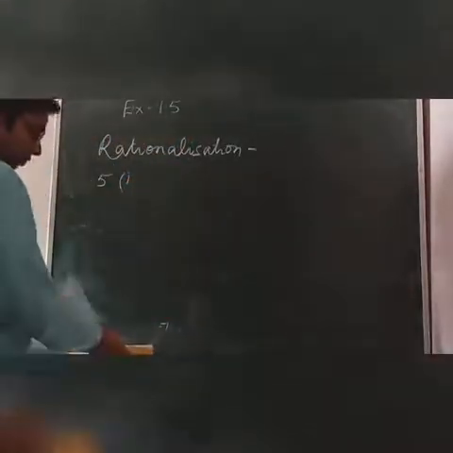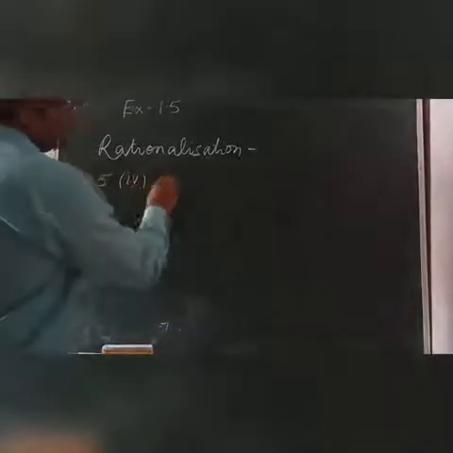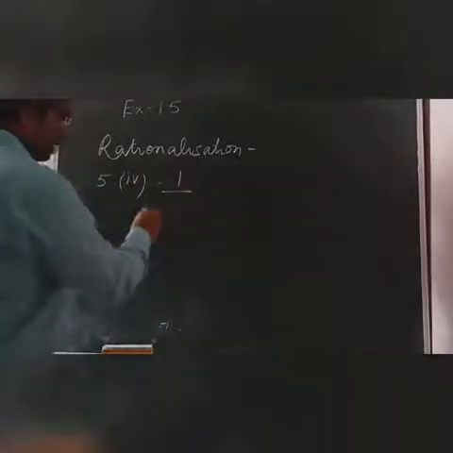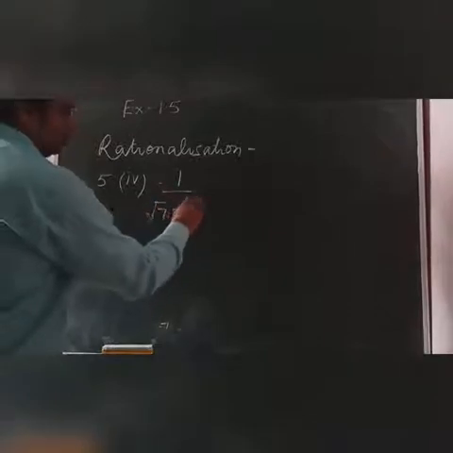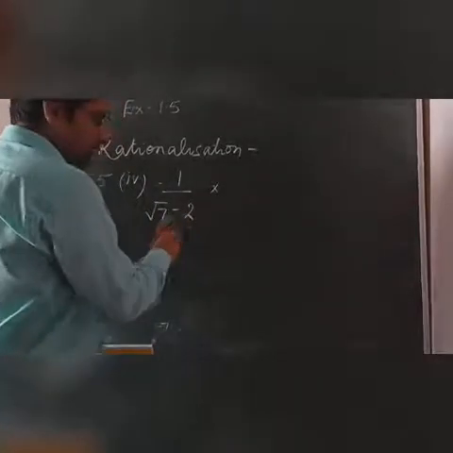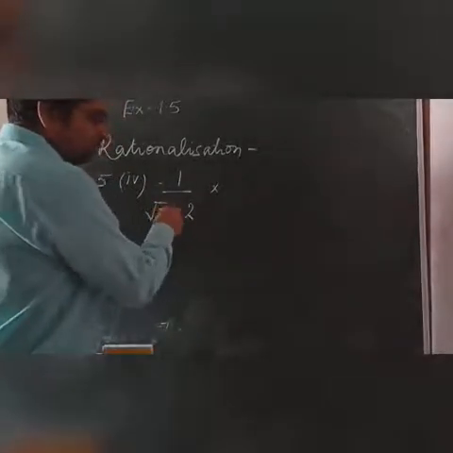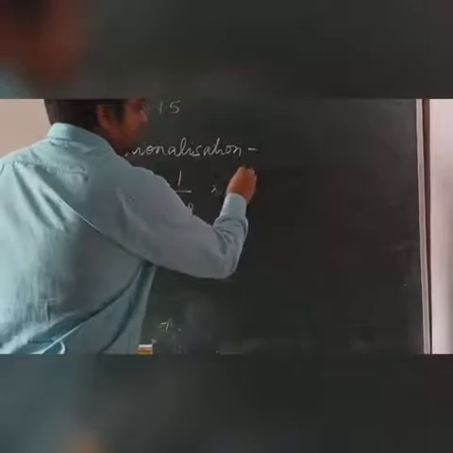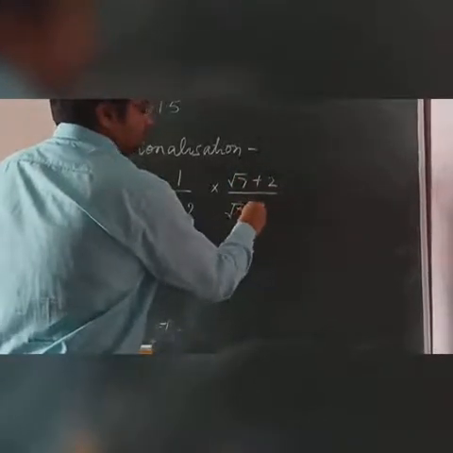Suppose I am taking fifth question, fourth part. It is given here 1 upon under root 7 minus 2. We can multiply here, taking A and B as well, only changing the sign between them. So we write under root 7 plus 2 upon under root 7 plus 2.